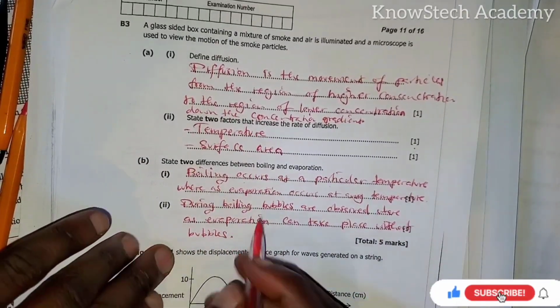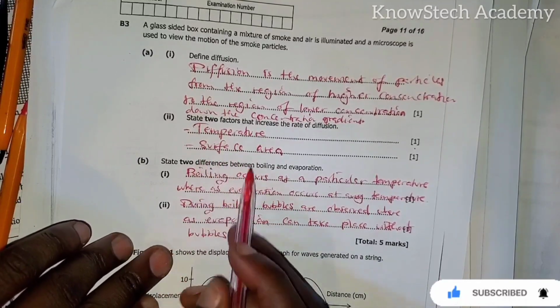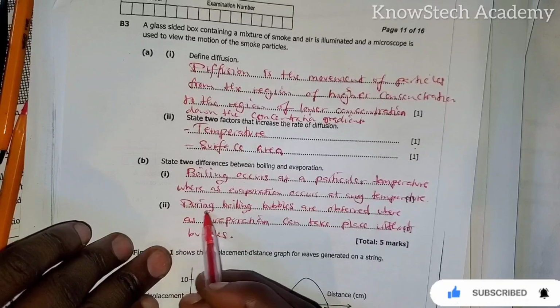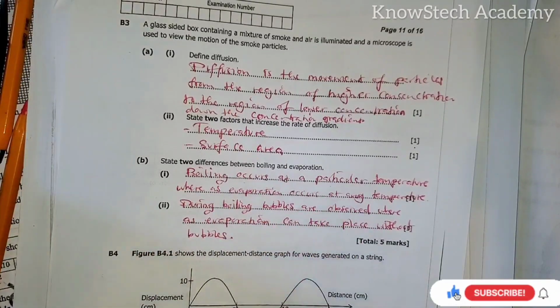You can also say boiling takes place throughout the liquid, but evaporation occurs at the meniscus, the top of the liquid.